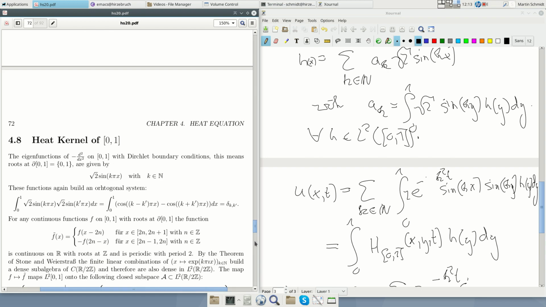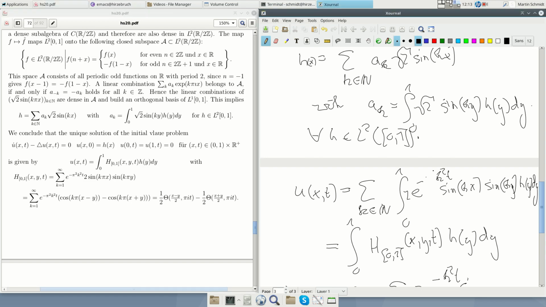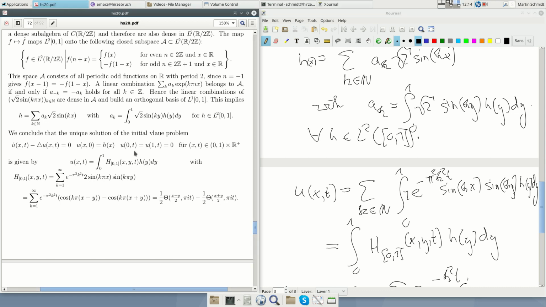Of course, there's a pi missing. So we have here the pi, and here is missing a pi. I correct this.